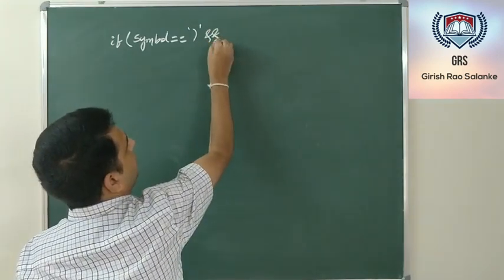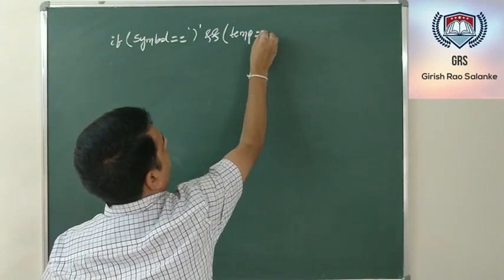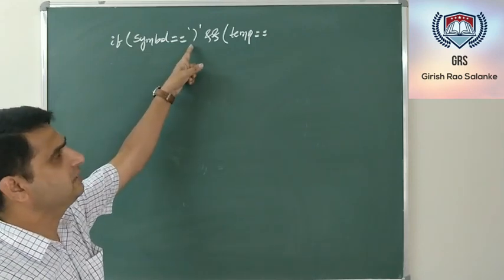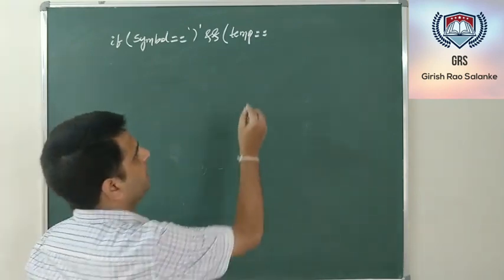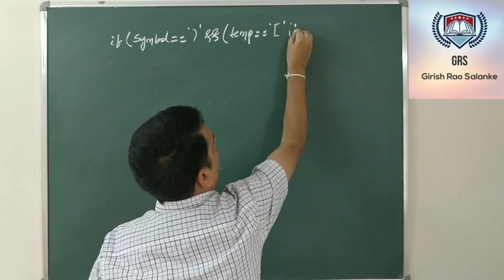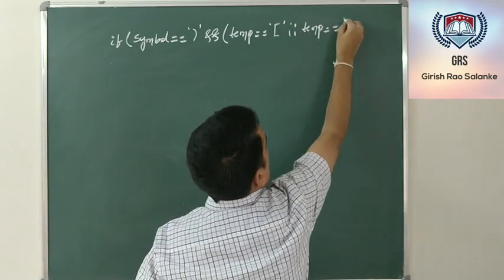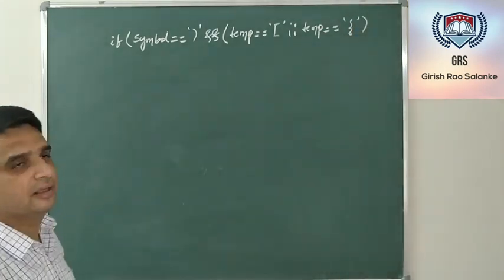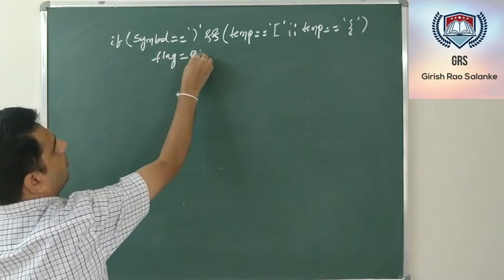And if temp is equal to the opposite of this, that is, when I pop I get a left angle bracket or temp is equal to a left flower bracket, then this condition is true and I need to set flag as 0.